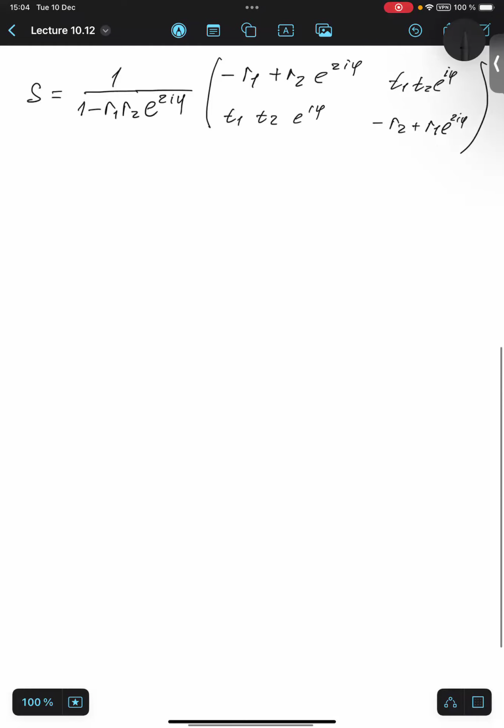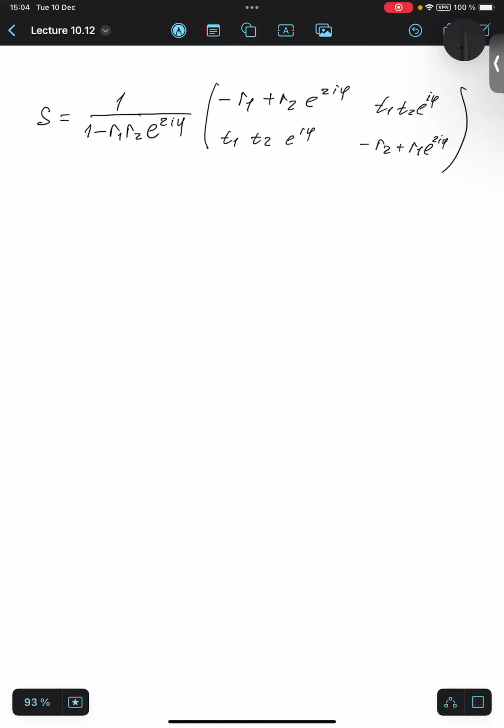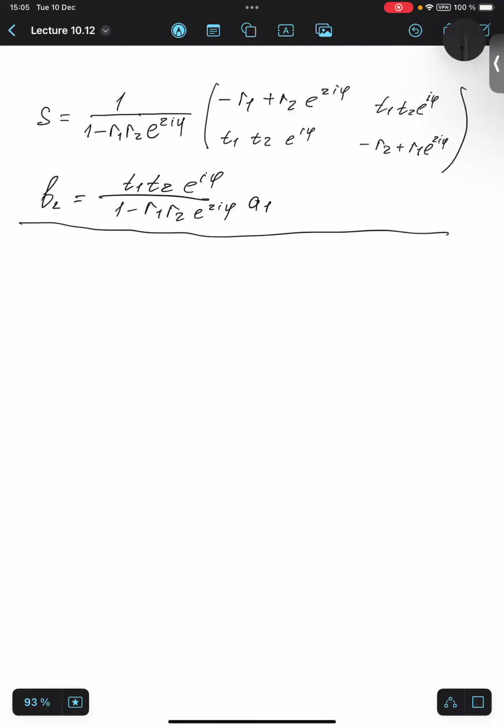Is it correct? I think yes. This is what we obtained for the Fabry-Perot resonator. Also we need expressions for B2 and A1. So these are our results from the past lecture.